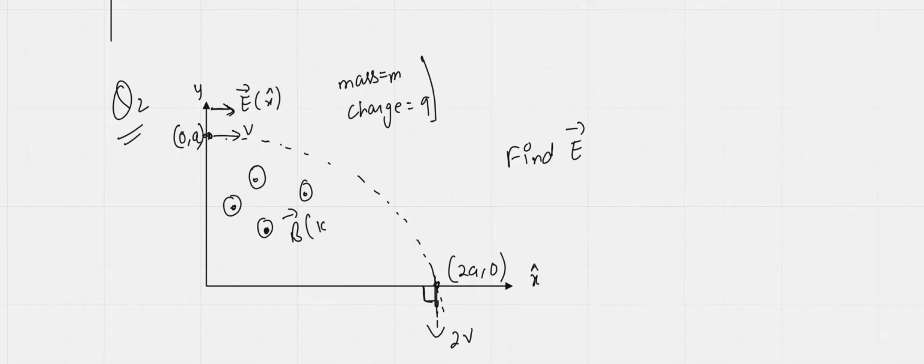Okay, this is the K direction. So you need to calculate the magnetic field and the electric field. Clear, Kirtana? Understood this problem? Like what the problem wanted to say?